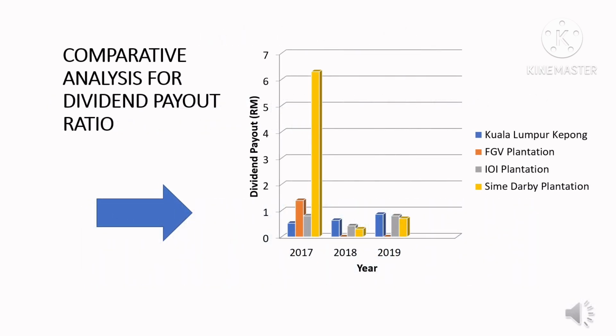Okay, the next slide is the comparative analysis of dividend payout ratio. The bar chart shows the 4 different companies, which are Kuala Lumpur Kepong, FGV Plantation, IOI Plantation, and Sime Darby. Sime Darby's ratio in year 2017 increased.